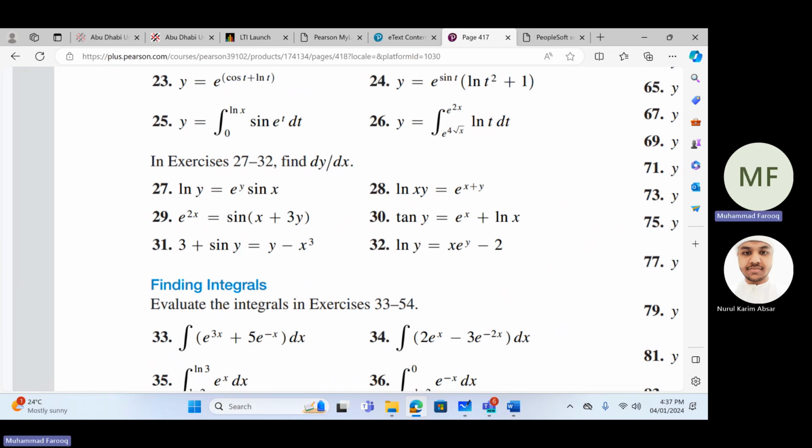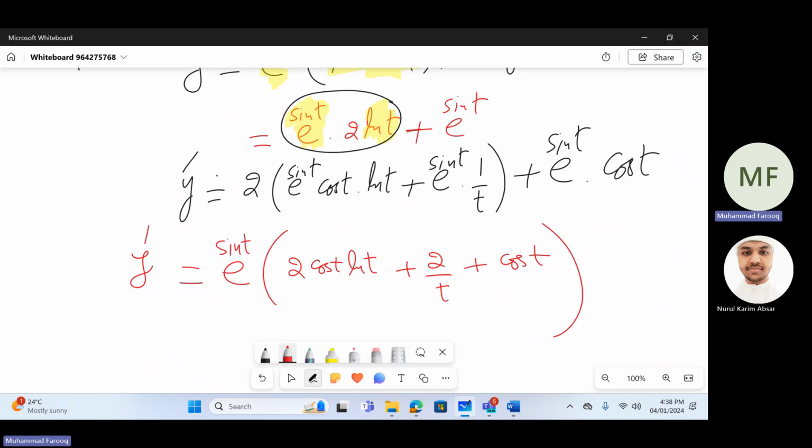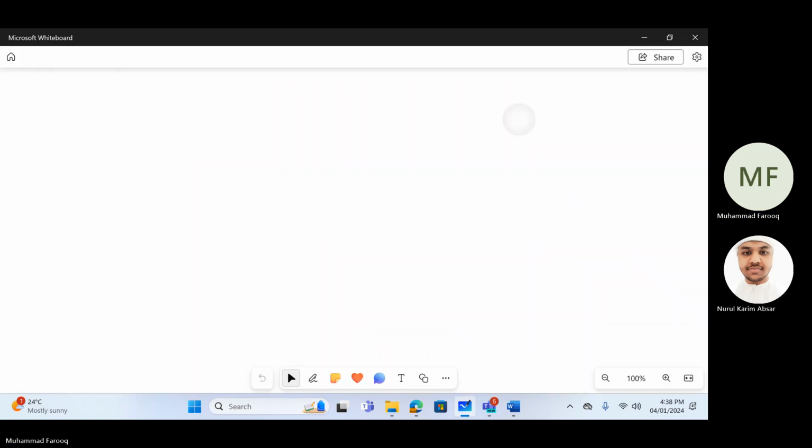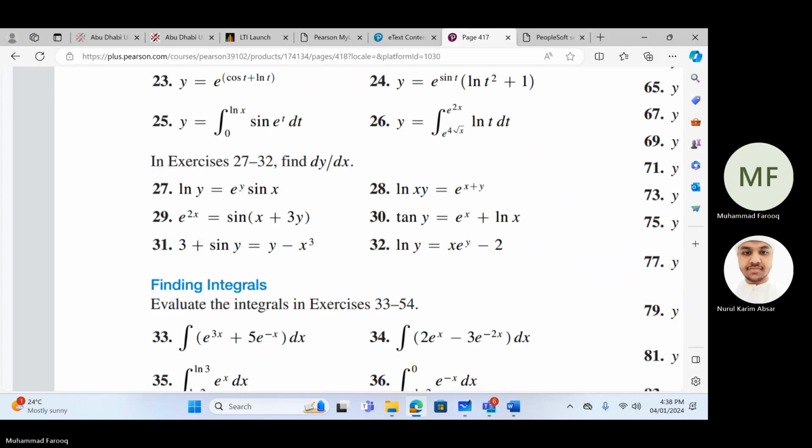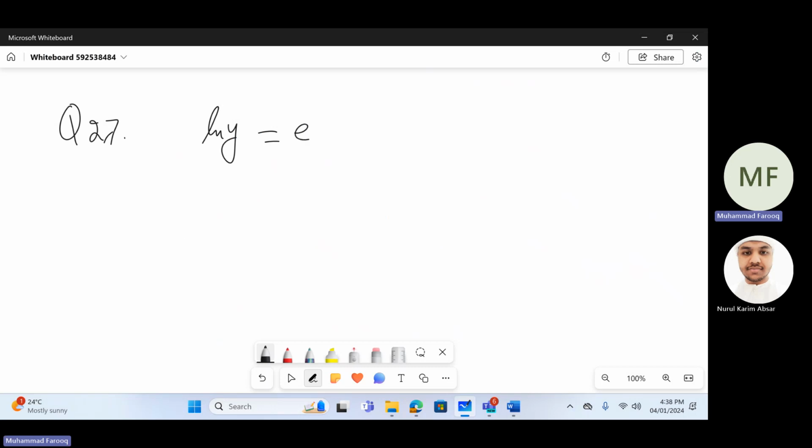So we need y prime. Question 27: y is equal to e^y sin x. It is a product, e^y times sin x, and we need to find y prime.